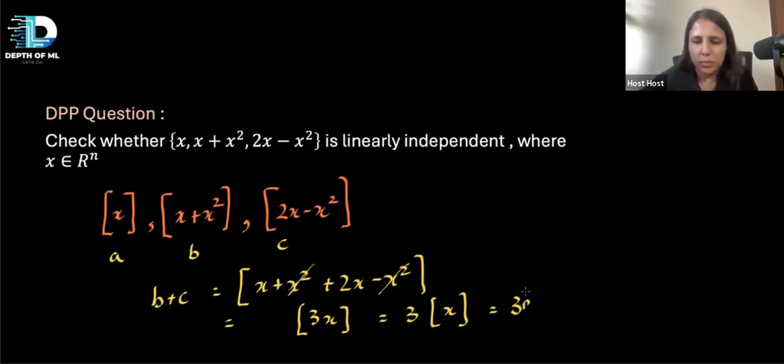What I got, b plus c is equal to 3 of a, right? So b plus c is a multiple of a, or I can write b plus c is equal to a.